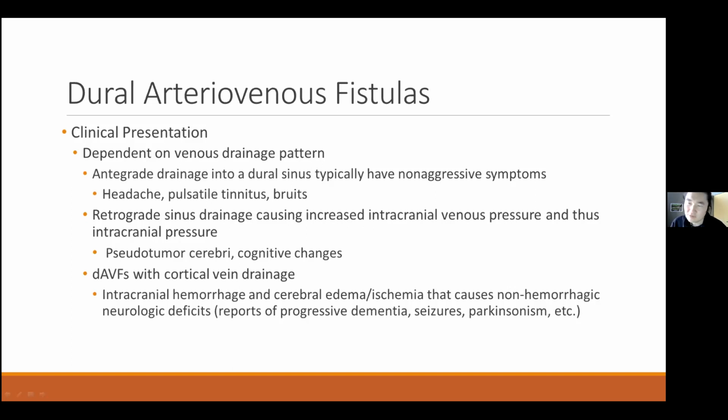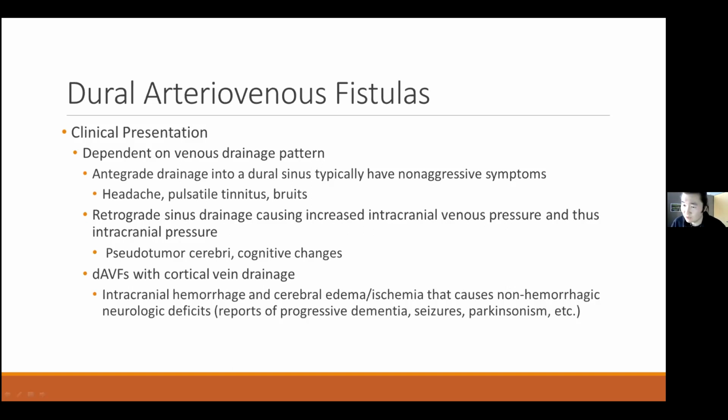But if the fistula has sinus drainage and there's retrograde flow, say because of venous backflow, because there's congestion, or because there's stenosis in these larger sinuses, and you just can't get that blood flow through, you can get more serious processes, like, for example, that rapid cognitive decline in that previous patient.